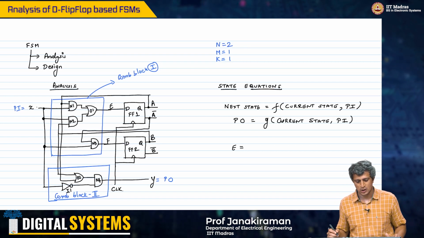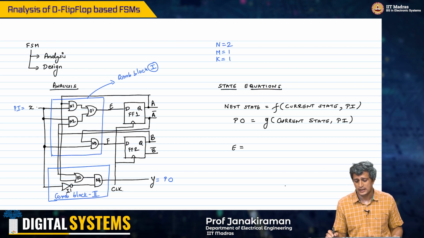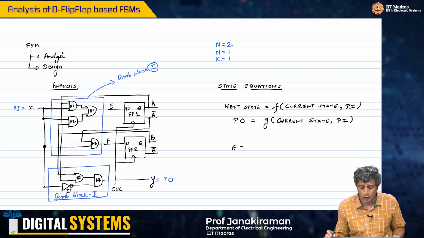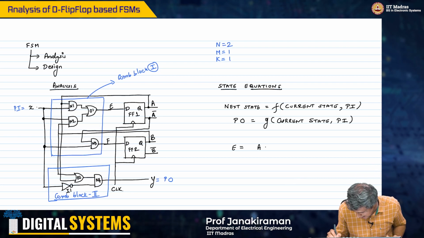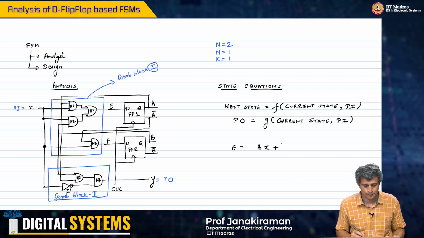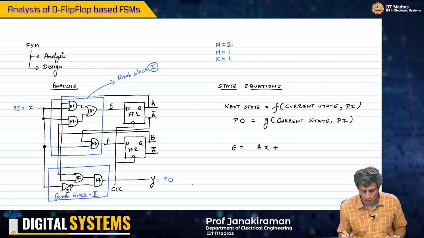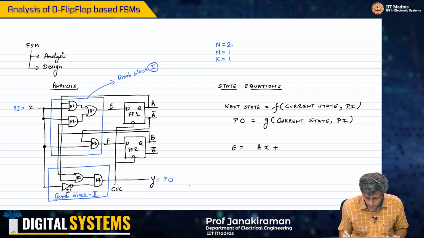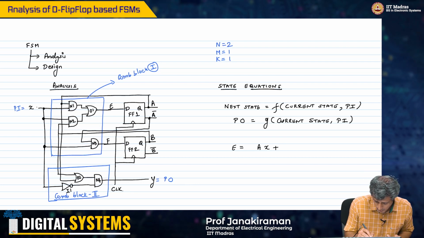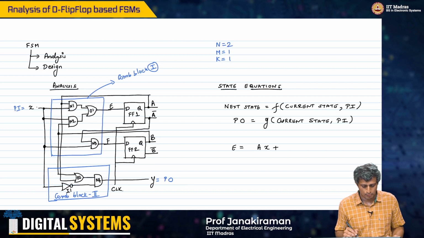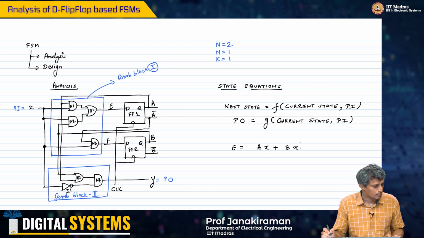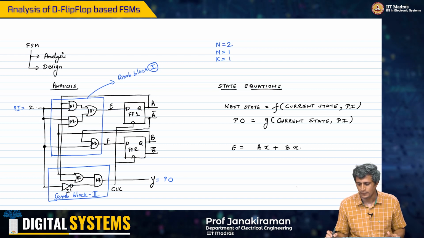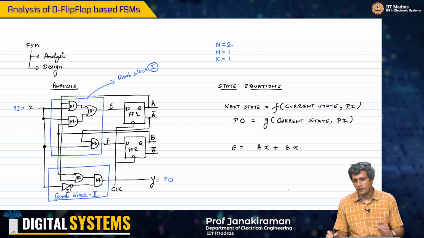The output of AND gate N1 is going to be A times X, and the output of N2 is going to be B times X.